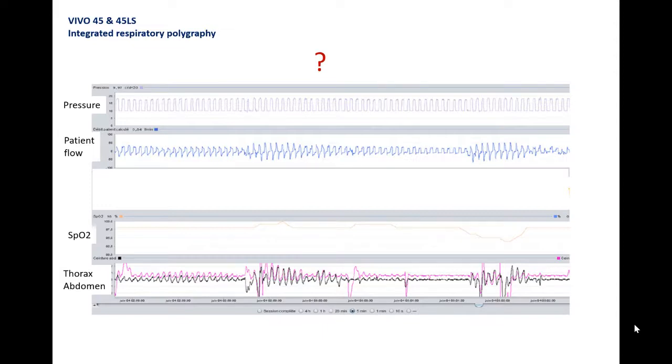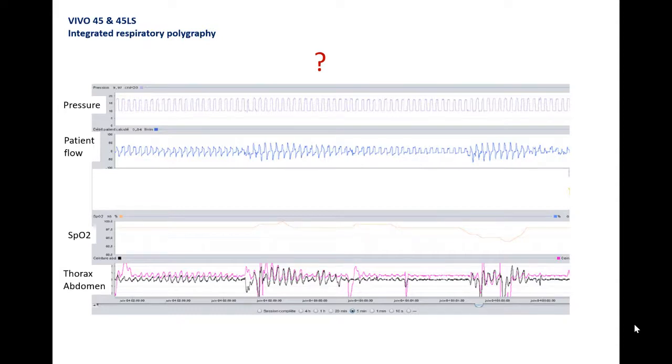Is this respiratory event an obstruction or leaks? That's the question. If I look at the pressure signal, pressure is decreasing. As a result, the diagnosis corresponds to major non-intentional leaks.